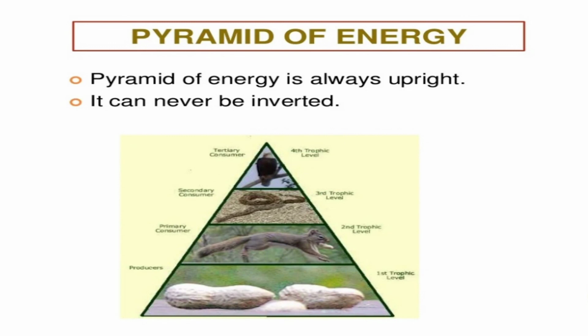The total amount of energy used is generally expressed in kilocalories per square meter per day or per year. Hence, the energy pyramid helps in the comparative study of the productivities of different ecosystems.